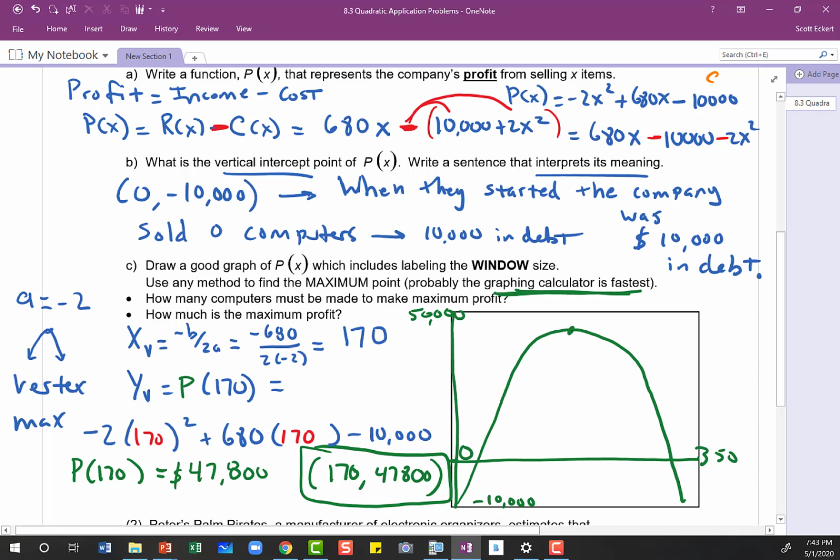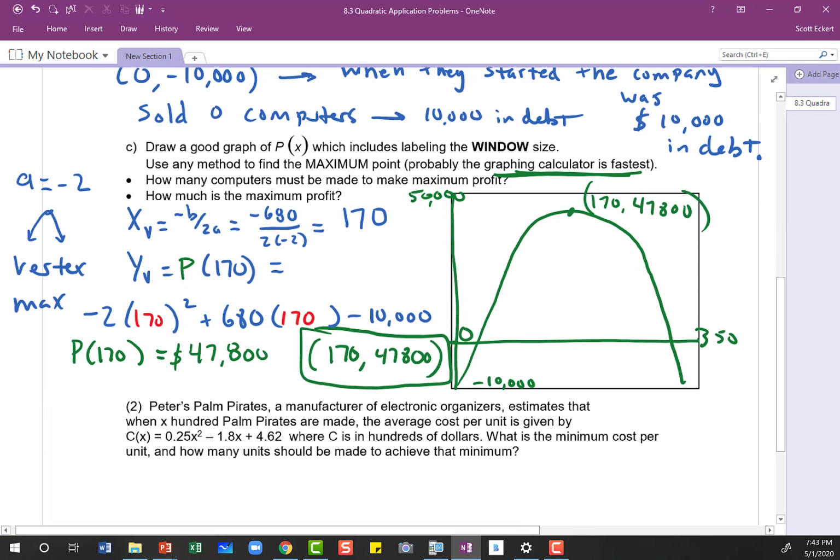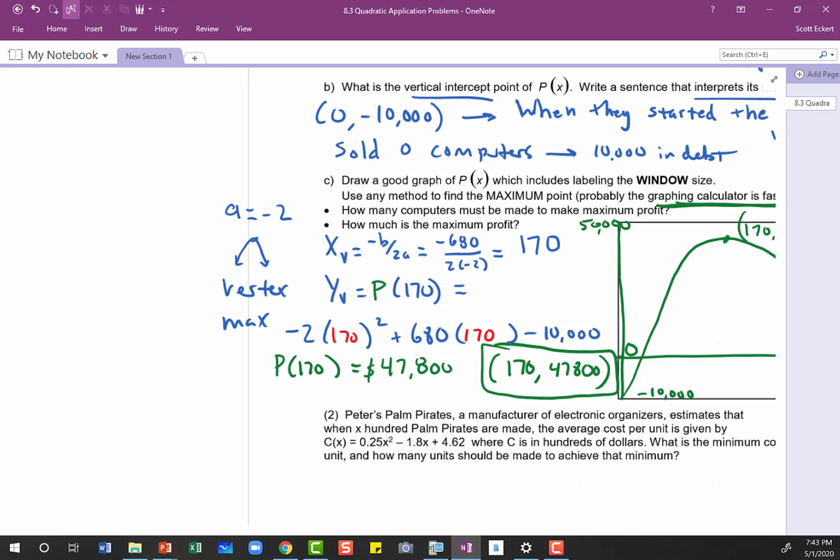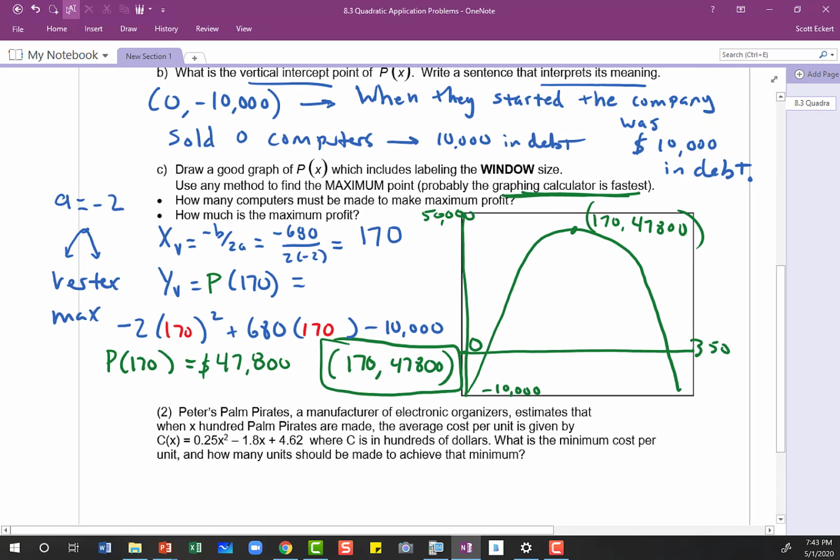It went something like that, and here's labeling our vertex. Okay, now I'm out of room. Let's see how that does for me over here.